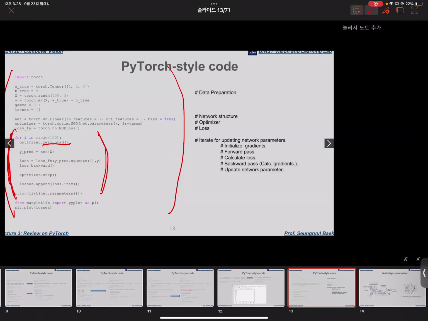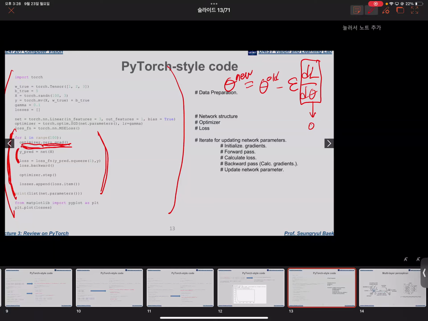So first, you have to initialize. In this gradient update rule, you have to make this zero first by calling this one line of code.